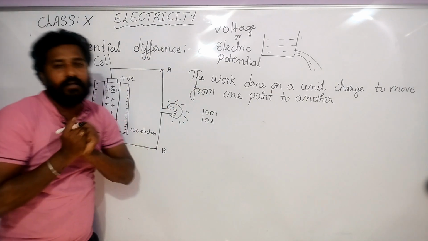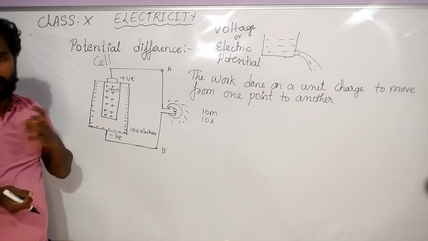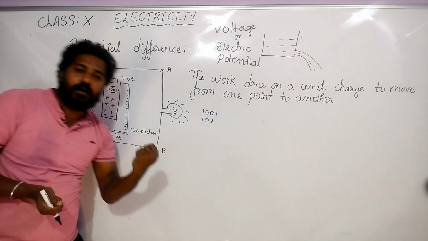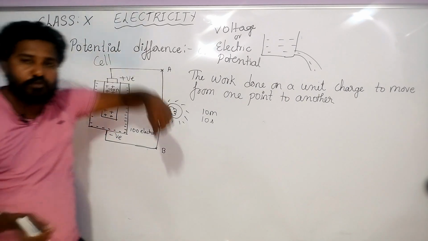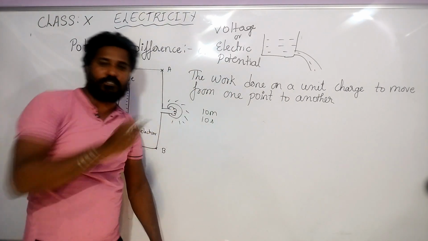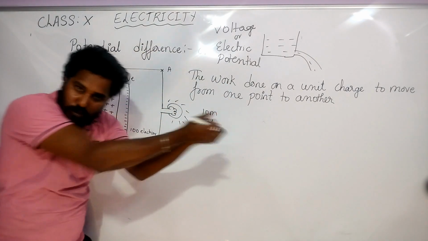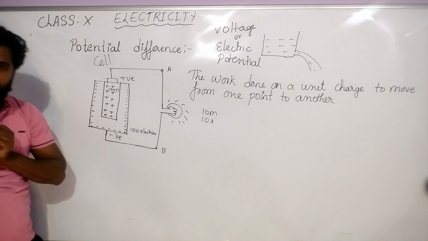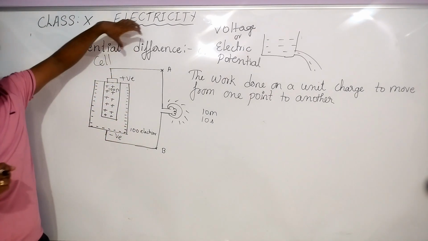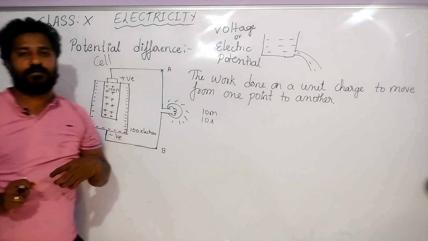Protons will pull the electrons towards them. When they pull the electrons, the proton is working on the charge. The work done by the proton to pull the electrons is called potential difference, or electric potential, or voltage.